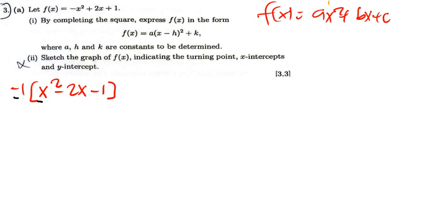Okay, so now from here, we know that in the completing square method, the moment you factor out a, the next step is you write this, then you do plus, open brackets, half of the number which is having x.